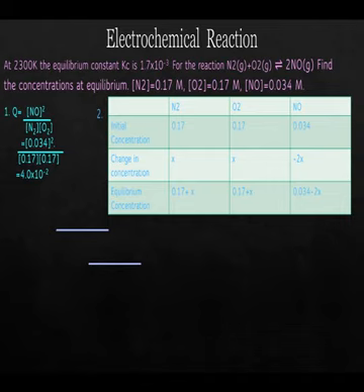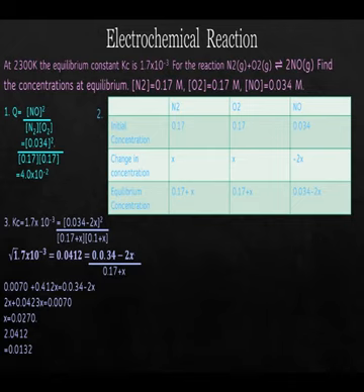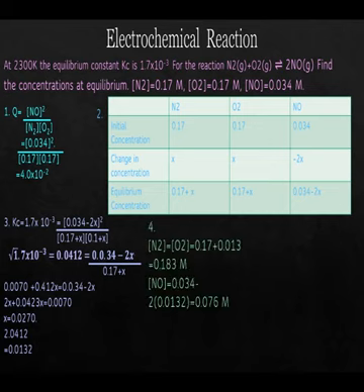And once you've filled out the ice table, you're going to solve for x. You can solve for x by taking the square root of both sides, then multiplying both sides by 0.17 plus x, which gives you 0.0132. Then you use this to find the concentrations at equilibrium. And your answers are here in green.